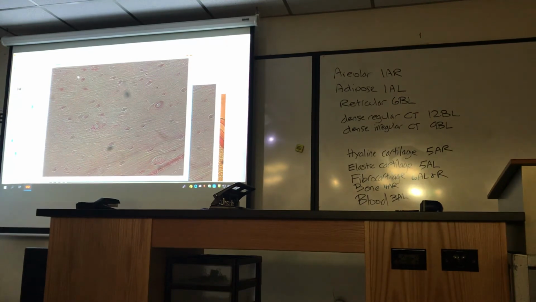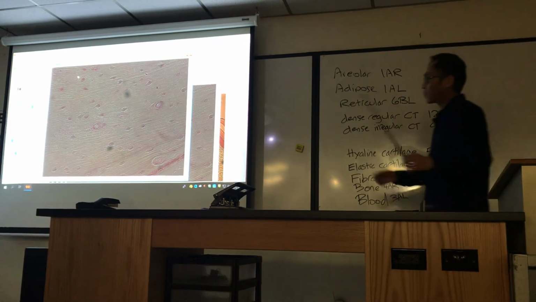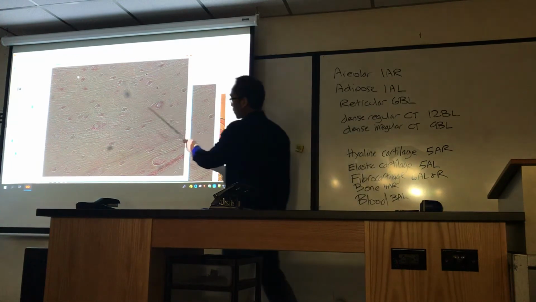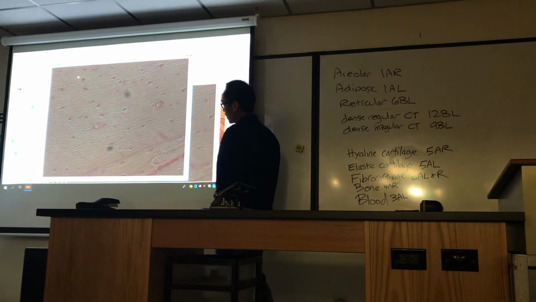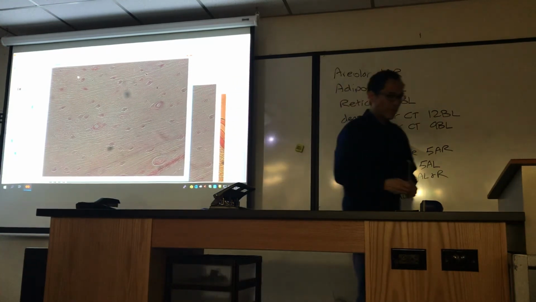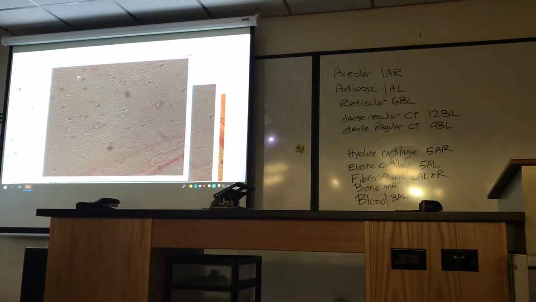So it's good enough to work with. If you identify the cell type, you know it's cartilage. This is the chondrocyte lacuna there. But I do see the layers. I just don't see the zigzag orientation I was hoping to see. But that's life. You don't always get the perfect slide to work with. The chondrocyte lacuna is the cell type.